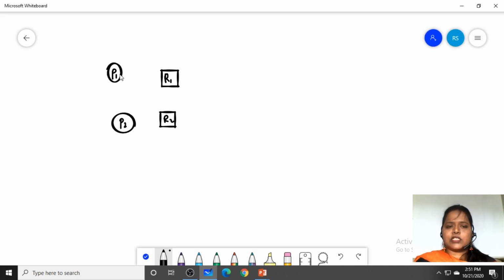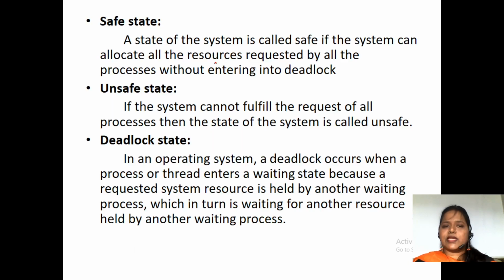Process P1 is having the resource R1 and process P2 is having the resource R2. So we say that a system is safe if the system can allocate all the resources requested by all the processes without entering into a deadlock.